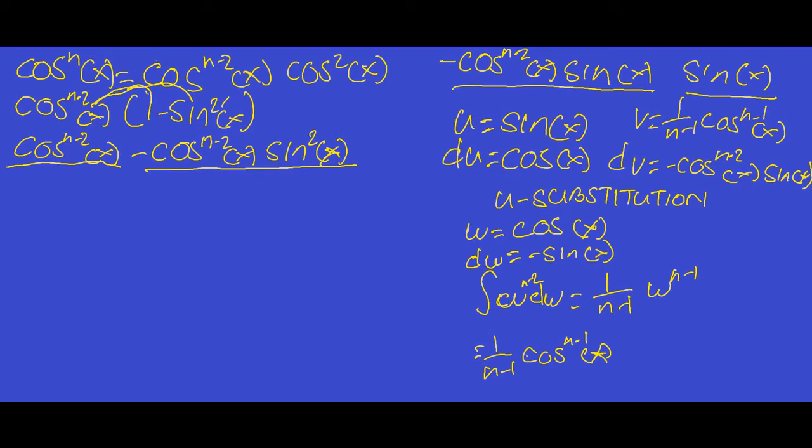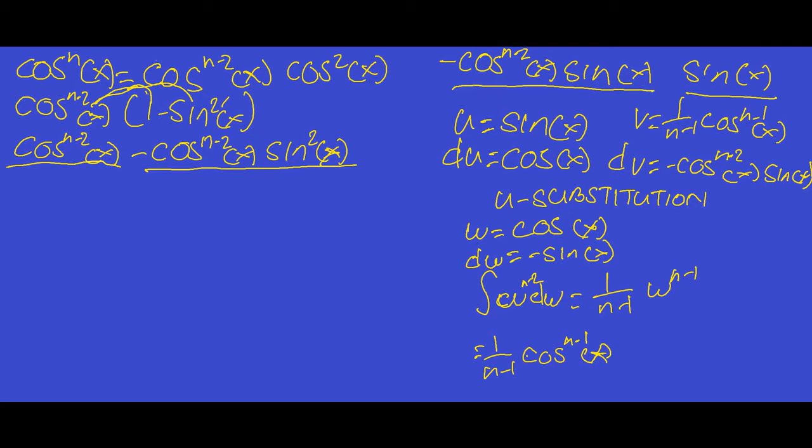Ginawa ko siyang w sa cosine, tapos derivative ko siya into dw negative sine. So, sa baba naman, integral of w raised to the power n minus 2 dw, in-integral ko siya into 1 over n minus 1 w raised to the power of n minus 1. So, pinalitan ko yung w sa cosine.